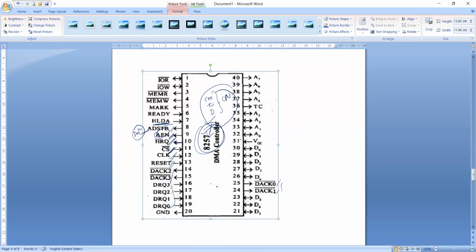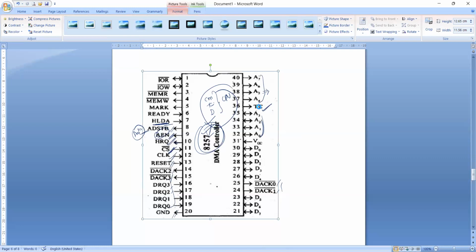Now 8257 sends the signals to the CPU. The ground signal is very much required. These four are the higher nibble of the lower order address generated by the 8257. And TC is the terminal count, which indicates the status of each individual channel. A3 to A0 are the least significant address lines.